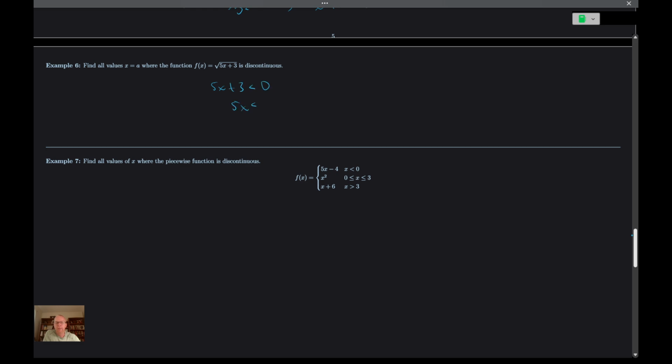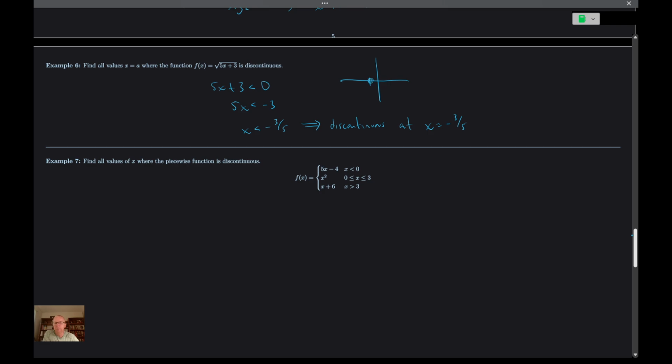So 5x is less than negative 3, so x is less than negative 3/5. Now none of that will be in the domain, so that means it is discontinuous at x equals negative 3/5. So if you look at the graph, we'll just put negative 3/5 here, wherever that is.